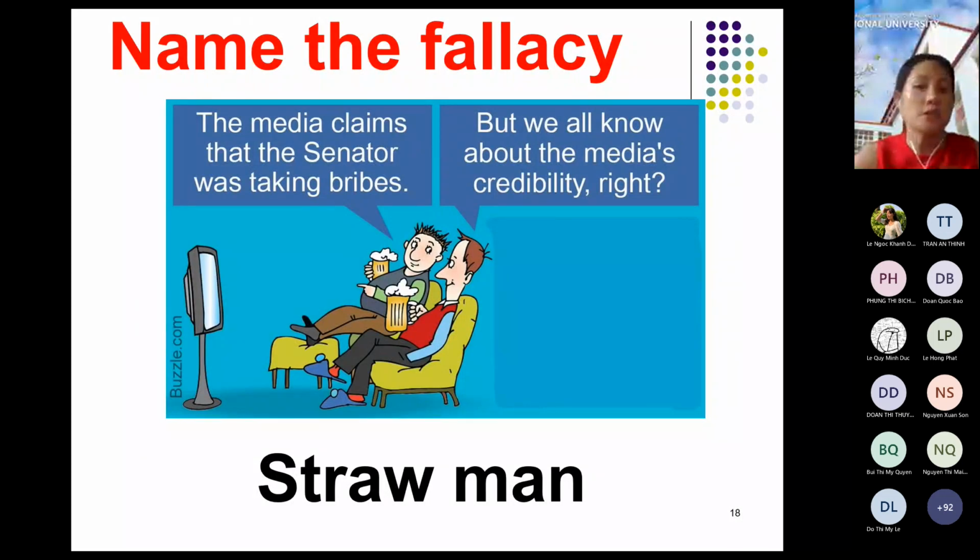So this is changing the topic from the information by the media to the media credibility. The topic changed but is still related to the original, which is about media. So in this case, this is more of a strawman. That is the difference between strawman and red herring in this example. Very good. Now, next one.